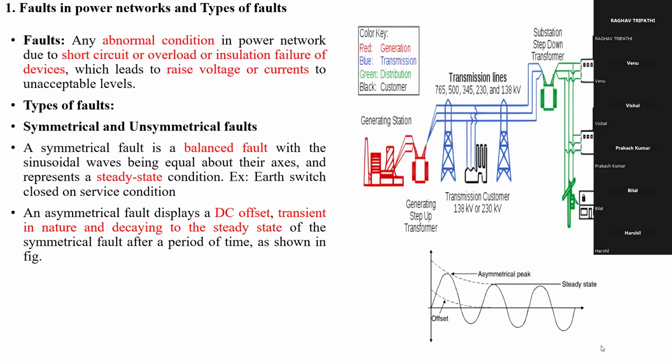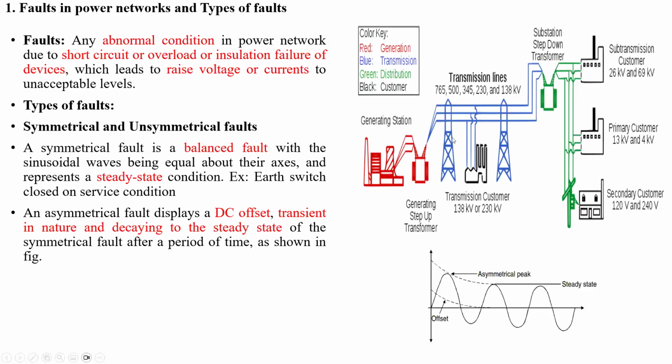I hope you are already aware of what a substation is and how the system is interconnected from generating stations to the distribution station. In this complete picture diagram, we generate the power, and then we step up the voltage using the generator transformer to higher voltages.